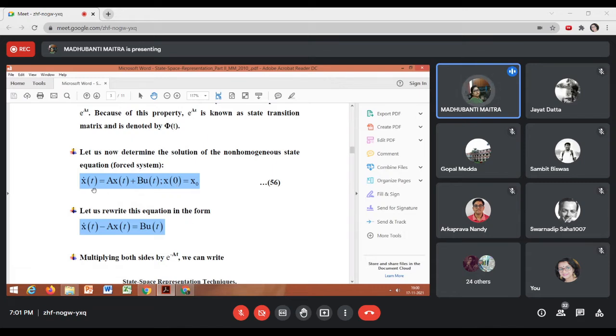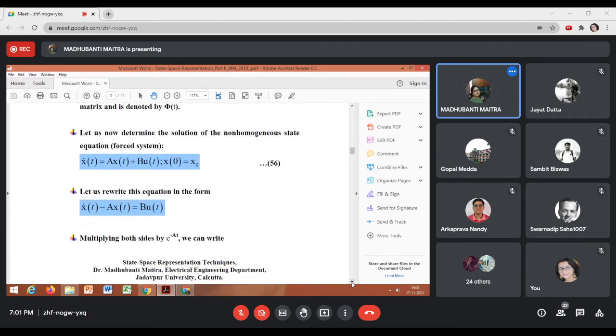Now we can write this equation as x dot t minus Axt, and in the right hand side we'll have only But. Now let's multiply both sides of this equation with the term e to the power minus At.